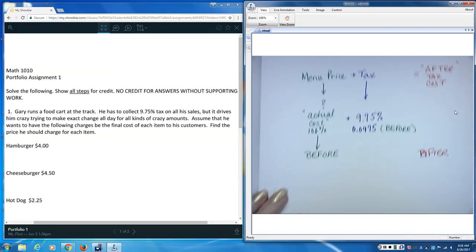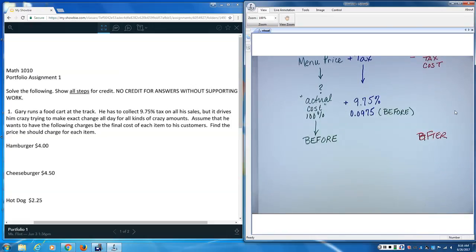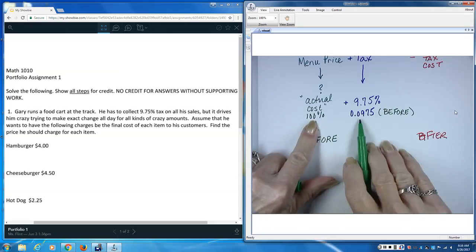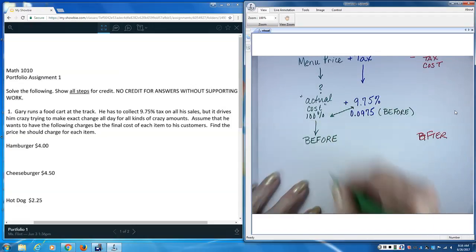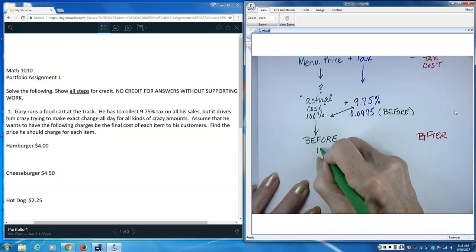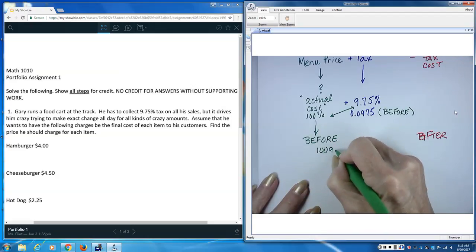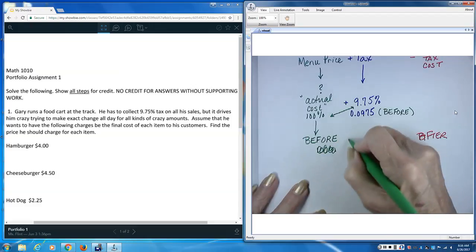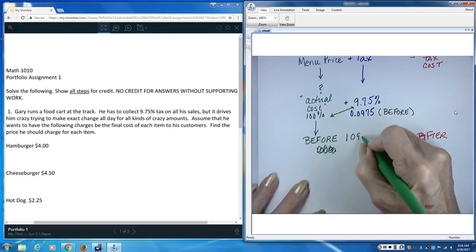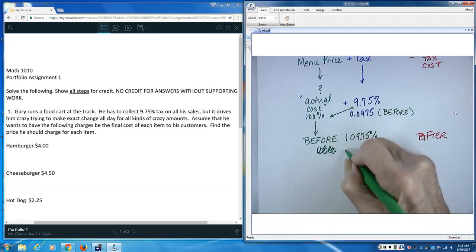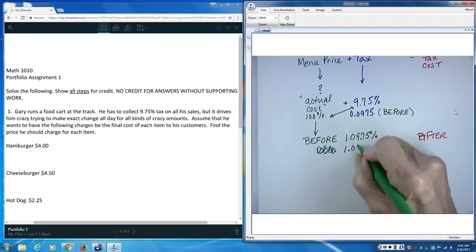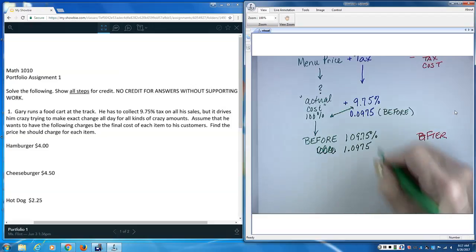So what we're going to have to do to solve this problem is we're going to take 100% plus 9.75%, and that gives 109.75%, and change to a decimal. That is 1.0975 times the before.